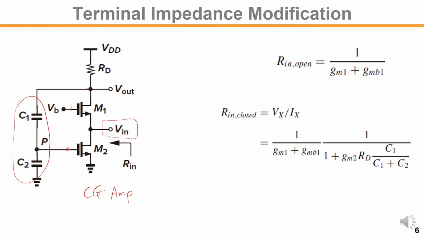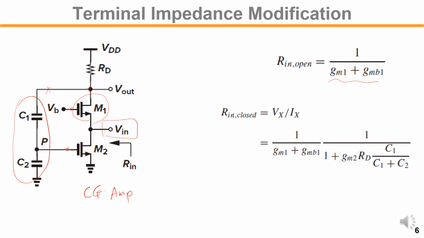So the feedback goes through the M2. In this case, the input impedance would be what? Without this C1 and C2, if you disconnect that feedback, then you will see just the impedance through the M1. That would be 1 over GM1 plus GMB, considering the back-gate effect, right?